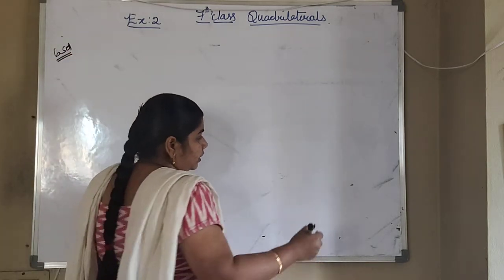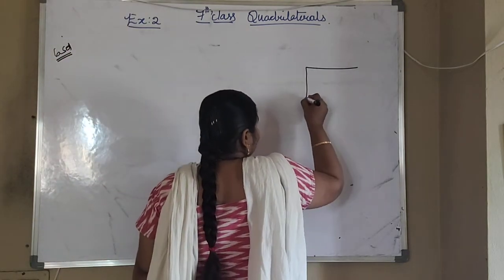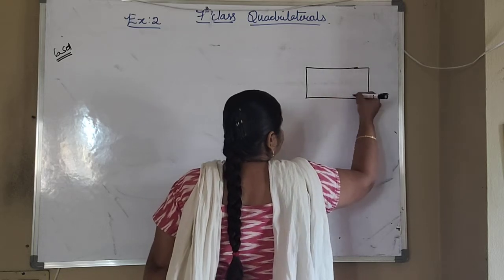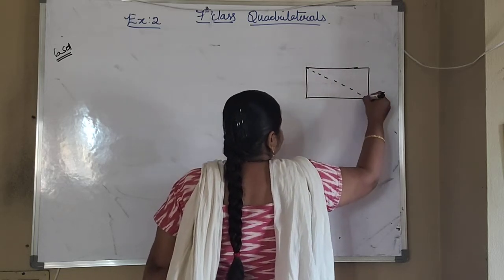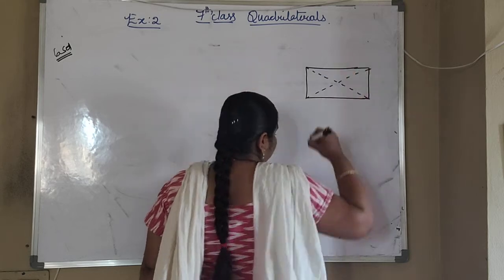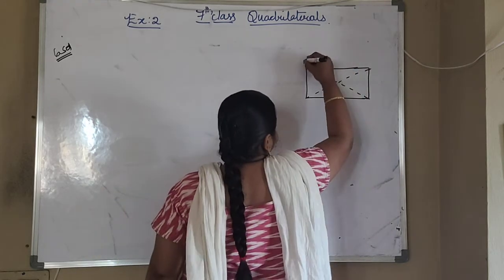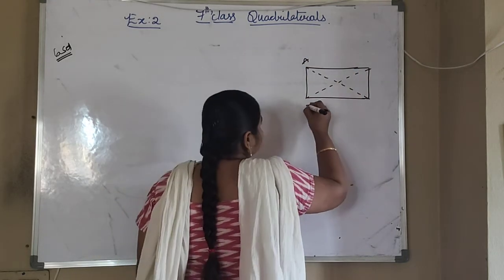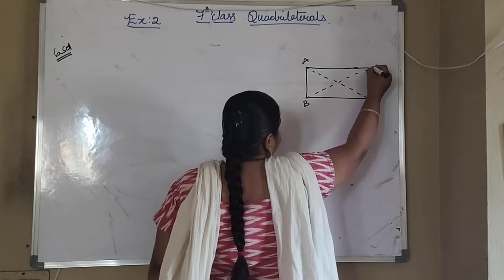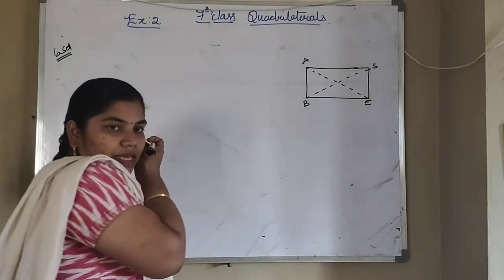Here they have given one rectangle and diagonals also they have given. So these are diagonals A, B, E, S. Base, B-A-S-E, base.